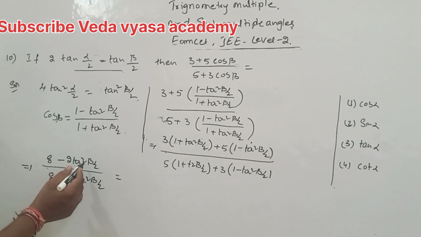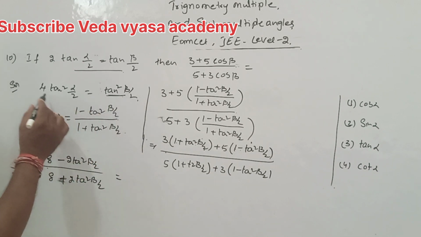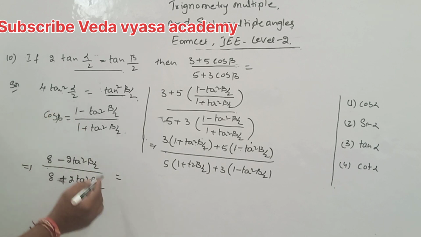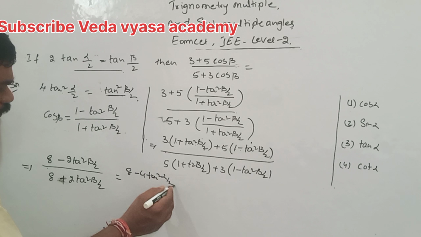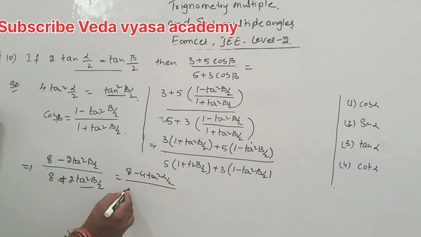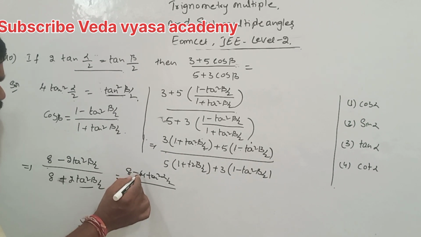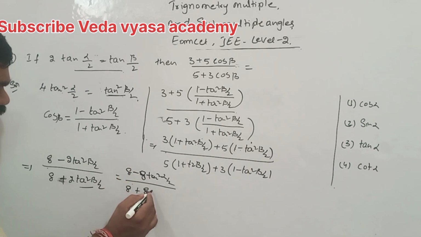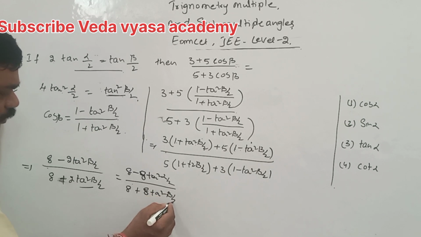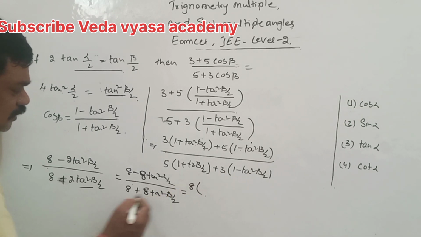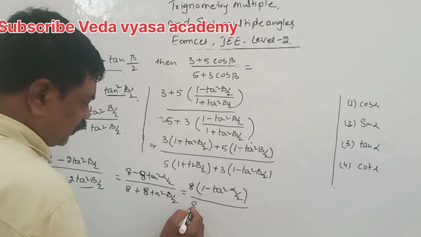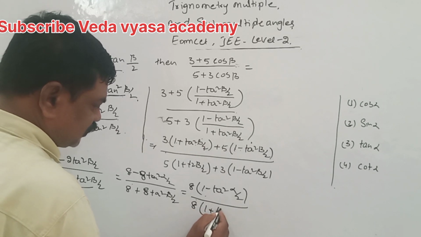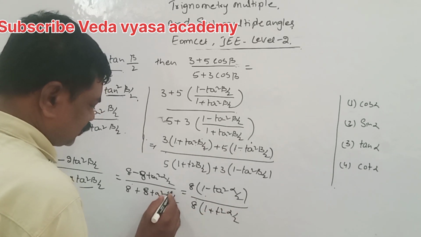So tan² β/2 is equal to 4 tan² α/2. So 8 minus 4 tan² α/2 in the numerator; in the denominator 8 plus, already 2 is there, 2 into 4 is 8, so 8 tan² α/2. From the numerator 8 common, 1 − tan² α/2; from the denominator 8 common, 1 + tan² α/2.